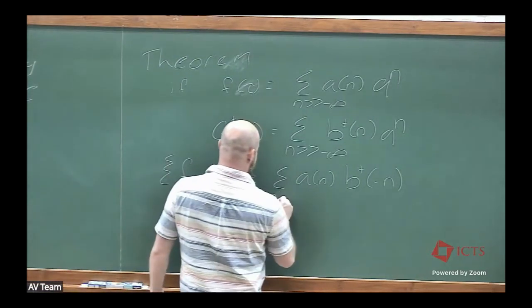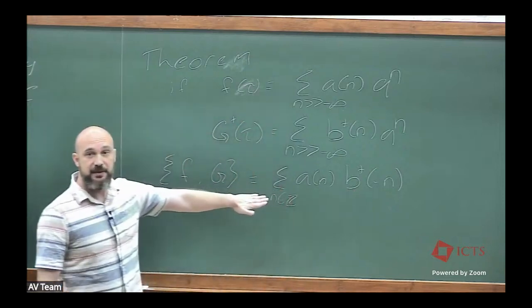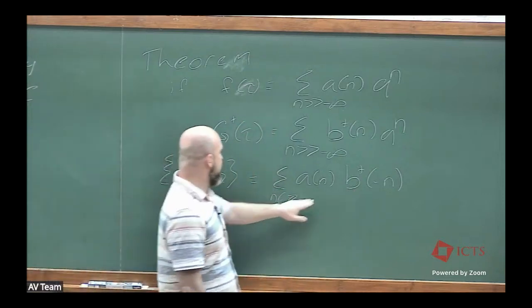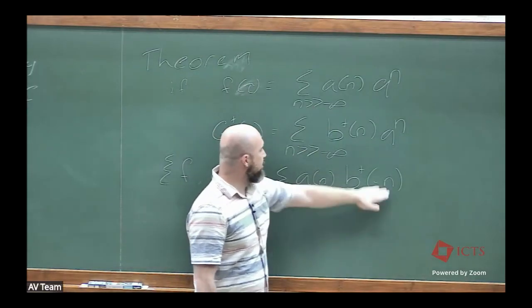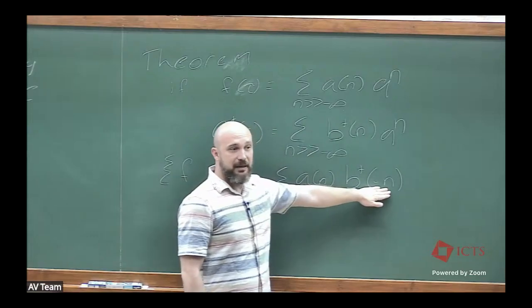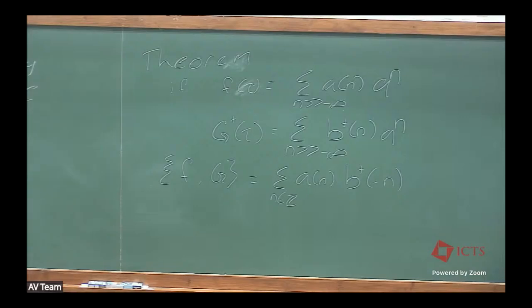I can just write this as a sum of n over the integers, but there are only finitely many terms here. N is allowed to be negative, but there are only finitely many negative terms here. N is allowed to be positive, but there are only going to be finitely many non-zero terms over here. Is that clear?